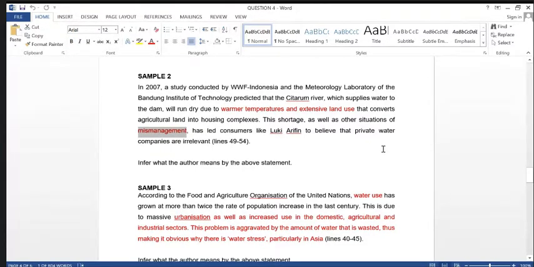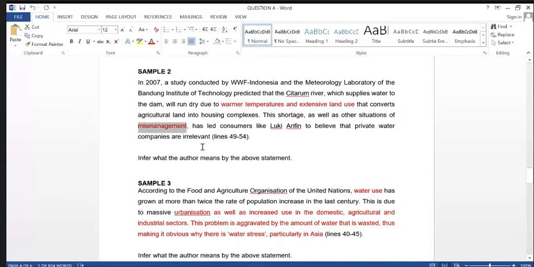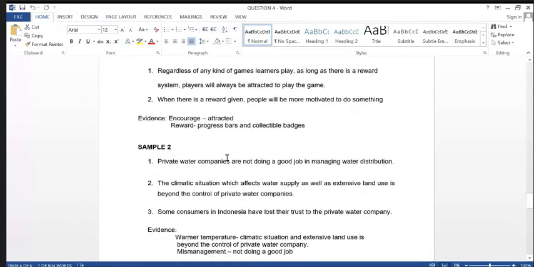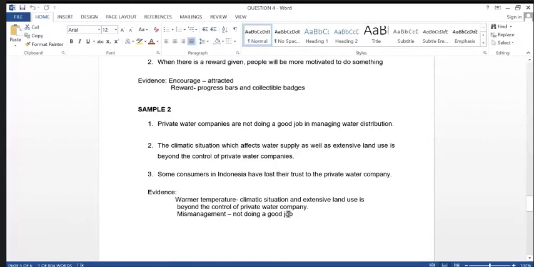Definitely private water companies, right? Another support is the consumer feeling that the companies are no longer relevant. That makes me infer that private water companies are not doing a good job. It's not stated there, but if they lose the belief, the trust, and people accuse them of mismanagement, then they're not doing a good job in managing water distribution.